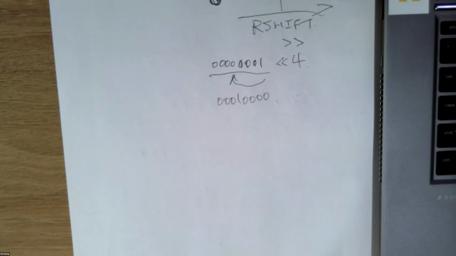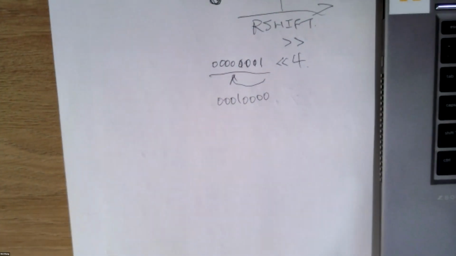When you do a left shift, you're moving all these bits leftward. So you're moving this 0 over here, this 0 over here, this 1 over here. This is the result of this 4-bit left shift. Does that make sense?